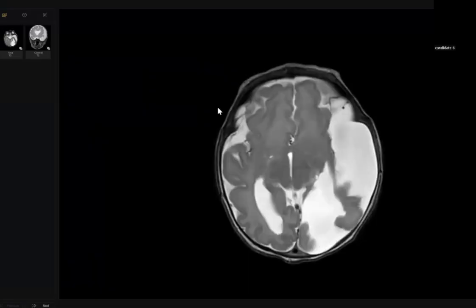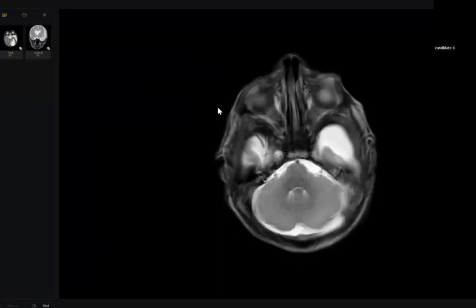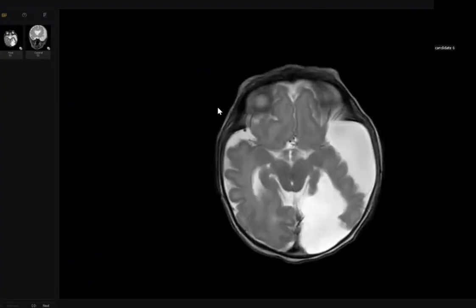Okay, I've been provided with an axial T2-weighted image of a young patient. I can see that there is abnormal signal intensity in the extra-axial spaces, where there is high signal intensity appearing cystic. This is also extending along the posterior parieto-occipital and temporal regions. I would also try to look for any communication with the ventricles.